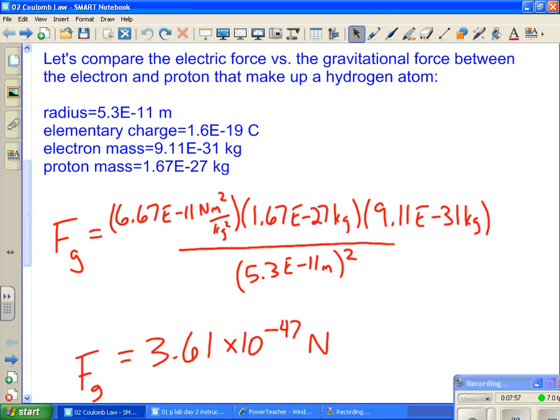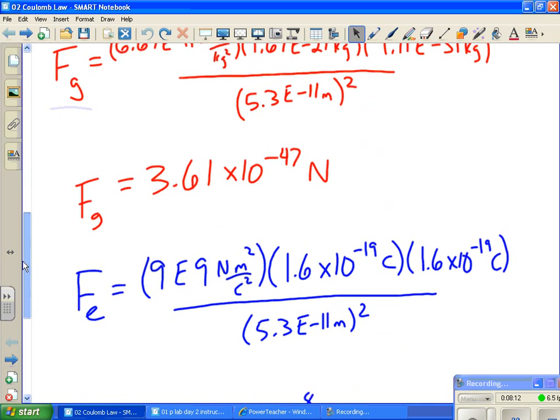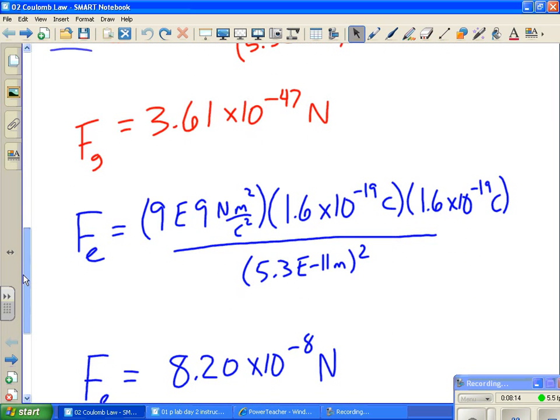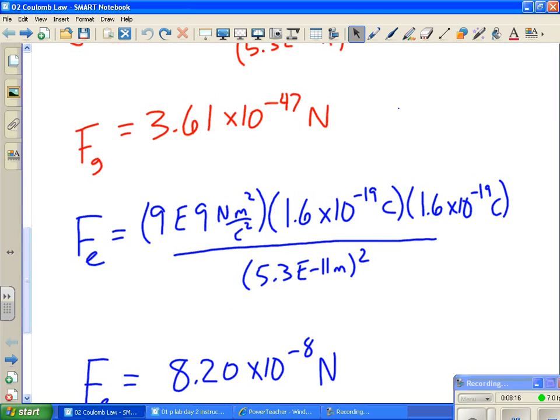And of course, we remember always to square the denominator. To calculate the gravitational force, we end up getting this really, really tiny number, which I hope I didn't make a mistake on. You'll catch it if I did. Now we compare that really tiny number with the same calculation, but for electricity.